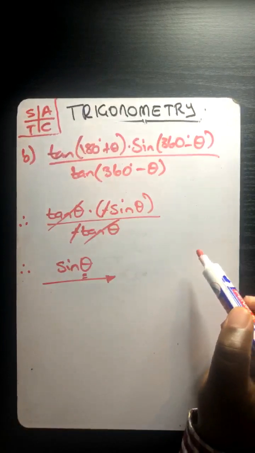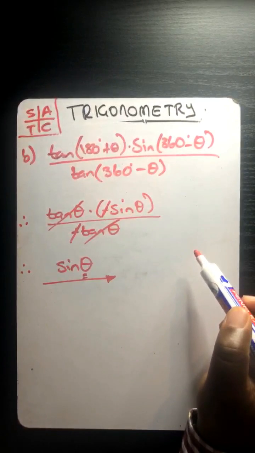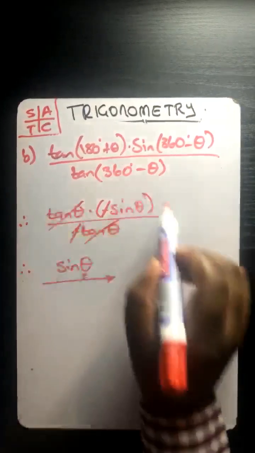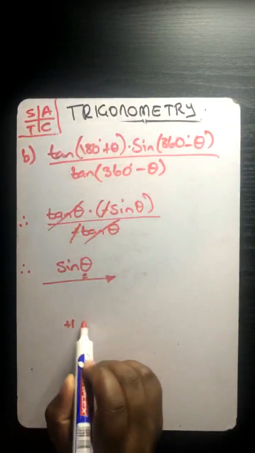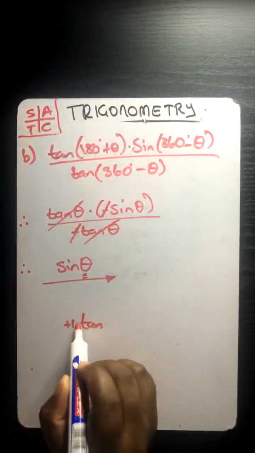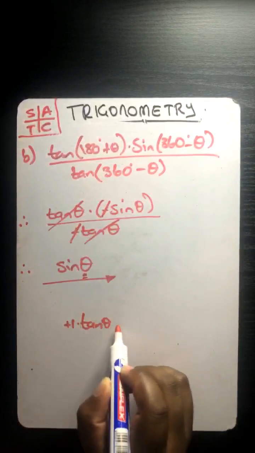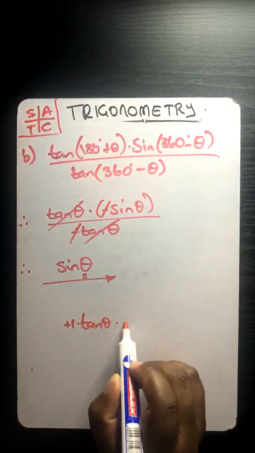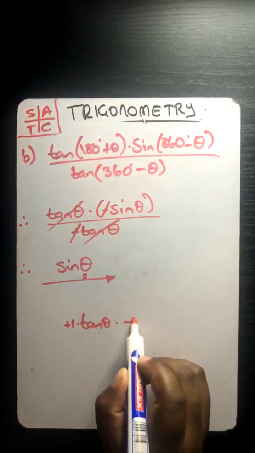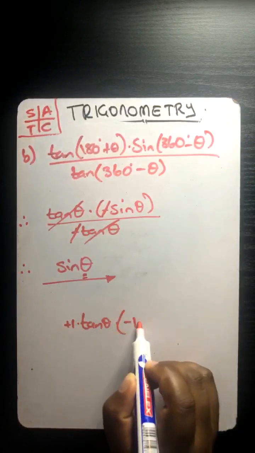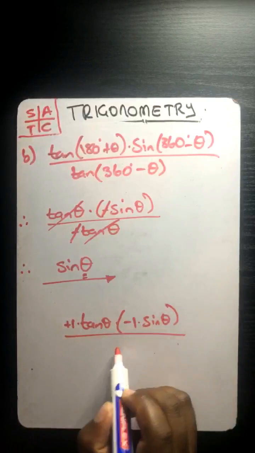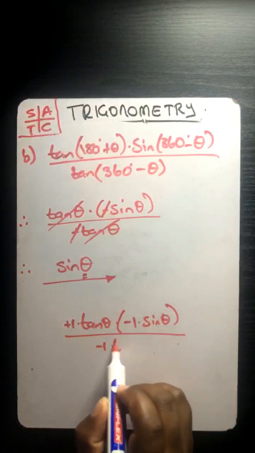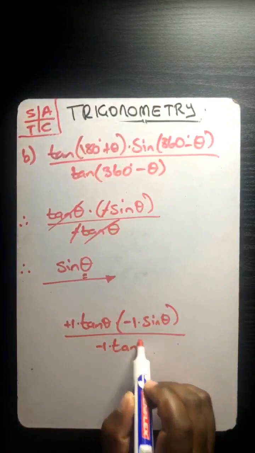100%. You know why? It's because this thing is actually positive 1 times tan angle, multiplying negative 1 times sine angle, over negative invisible 1 times tan angle.